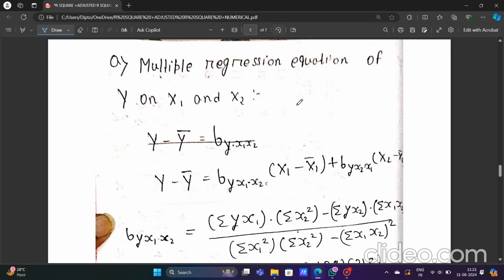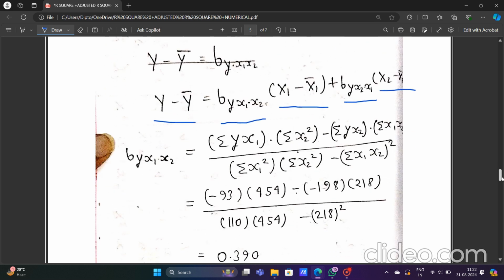Now let me change the page. Basically the multiple regression equation of y on x1 and x2 can be written as y minus y bar equals b y x1 x2 into x1 minus x1 bar plus b y x2 x1 into x2 minus x2 bar. Now how can we calculate b y x1 x2?